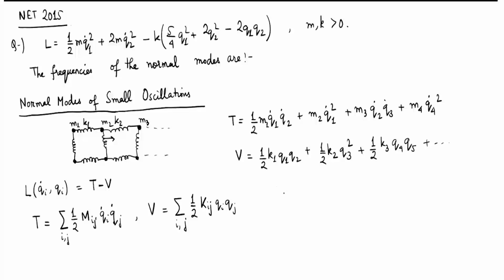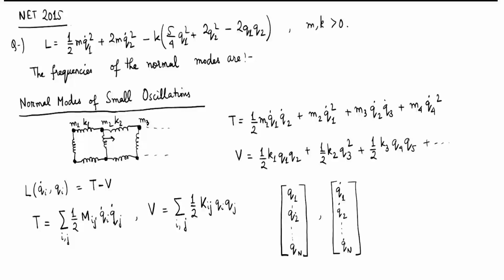Take qi as a column vector, q1, q2, to qn, if there are n particles, and qi dots also as a column vector, q1 dot, q2 dot, to qn dot.